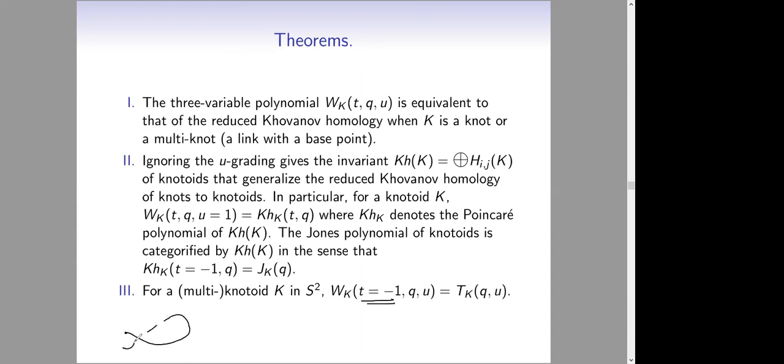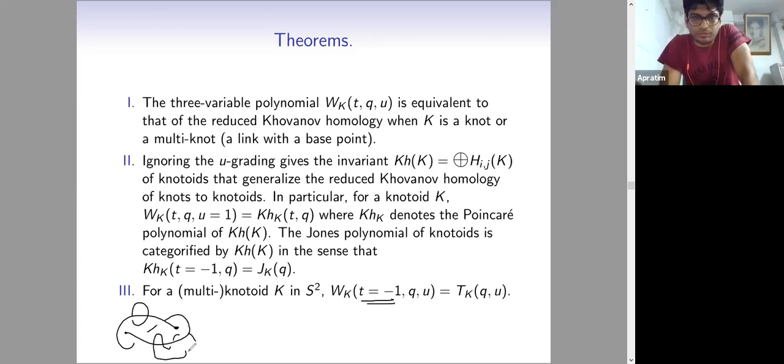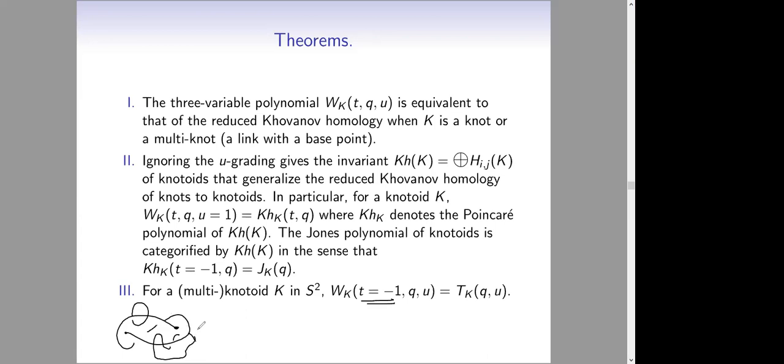So this is a knotoid. A multi-knotoid, you can think of it as a single segment component, but possibly with other closed components like this. So only one broken component and several closed components. That's why I put this in parentheses. You can make it more general, but if you like, you can just think of it as a knotoid.